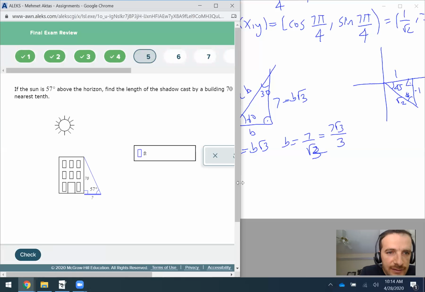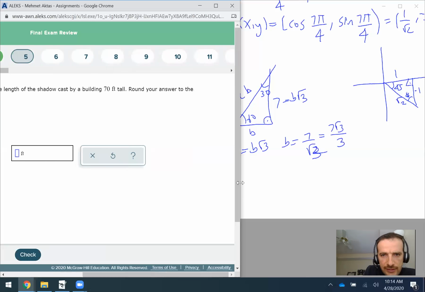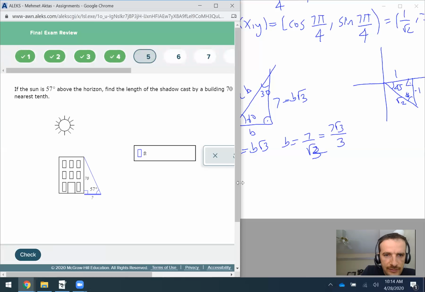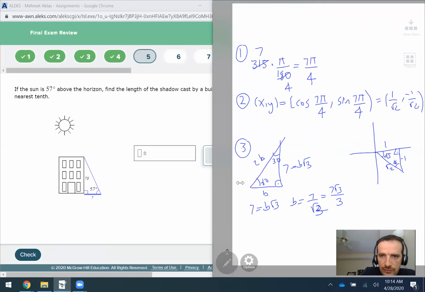If the sun is 57 degrees above the horizon, find the length of the shadow cast by a building. Okay, this is a word problem. We are going to use, and we also need calculators, right? Let's look at the question first of all.